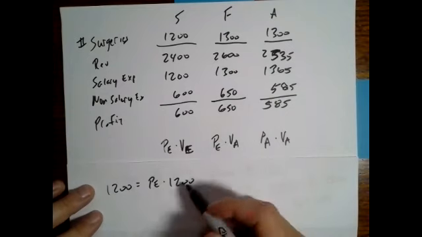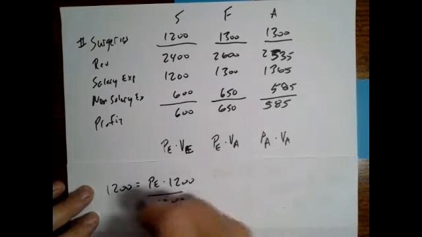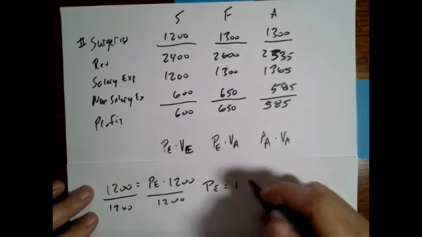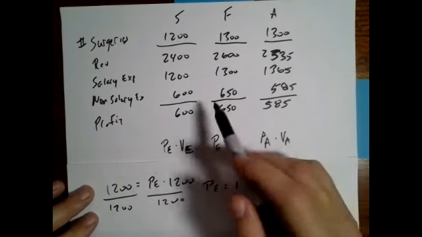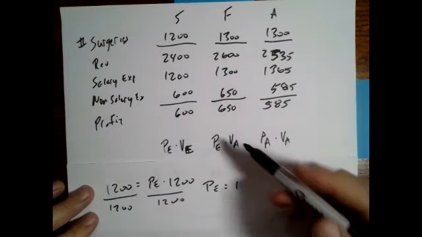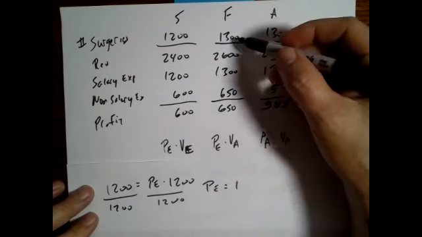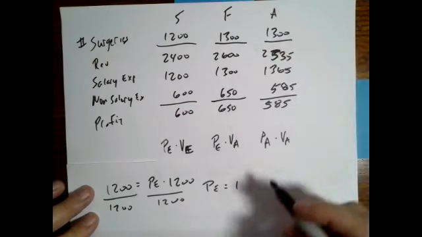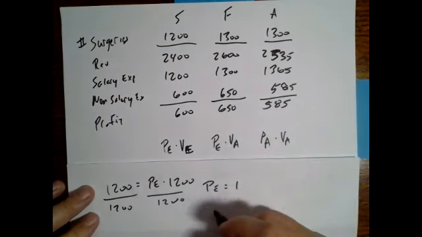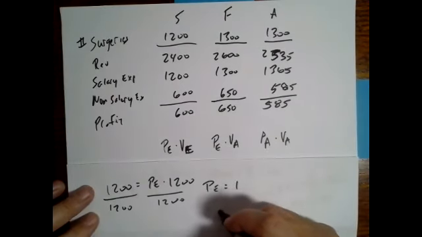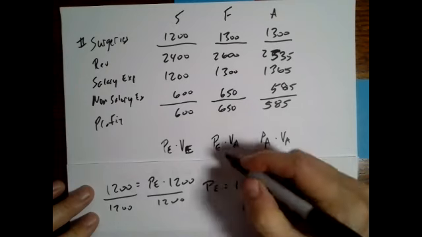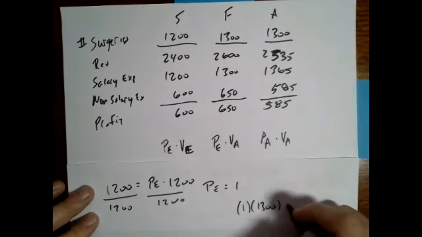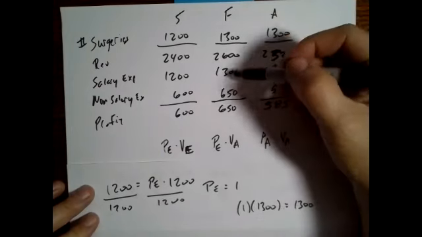Well, that means if we divide both sides by 1,200, we get expected price equals 1, right? And so if we take the expected price of 1 times the actual volume of 1,300, we expect to see 1,300, which we do, right? Flex salary expense would be the price expected of 1 times the volume actual 1,300 gives us 1,300, which is what we see right here.